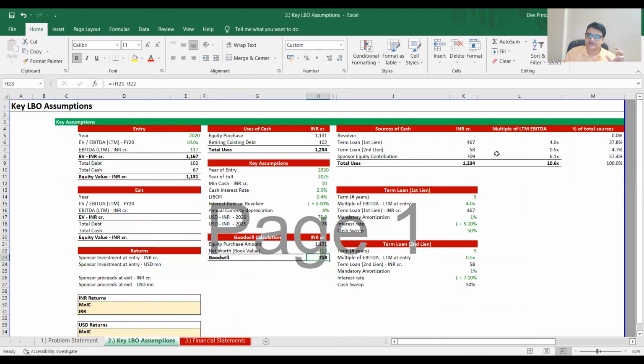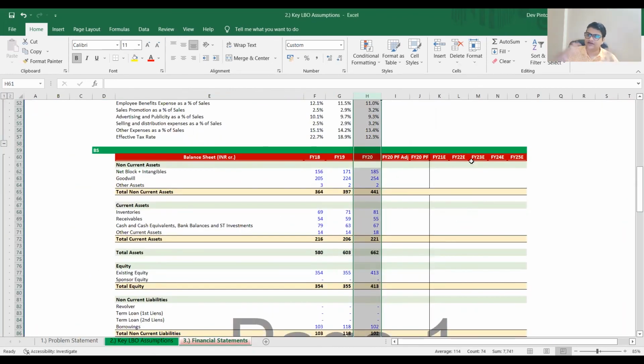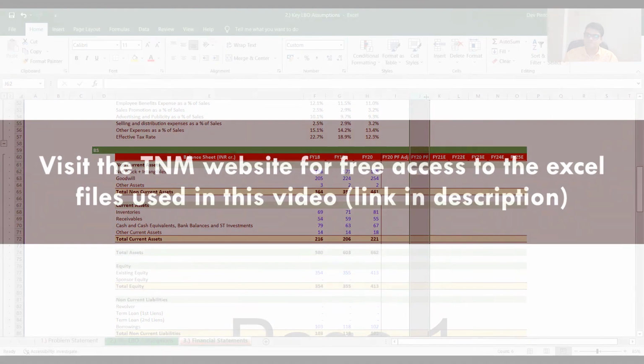We raise this much amount of money in a shell company, and that shell company acquires this other company, and then they merge both assets. And as a result of which you have a new balance sheet that's created just after the acquisition. And that's called the pro forma balance sheet. So we're going to make adjustments here and we're going to have the pro forma balance sheet here. So see you guys in the next video.